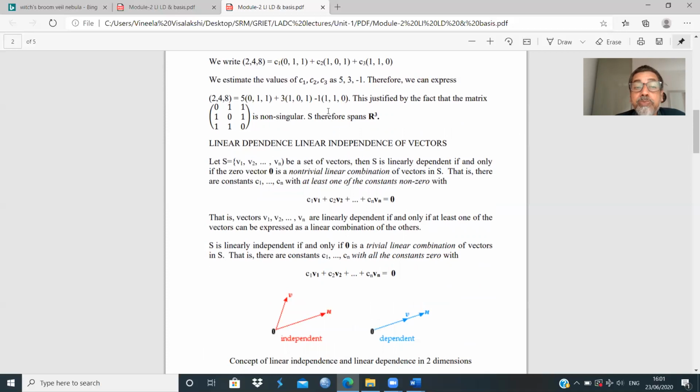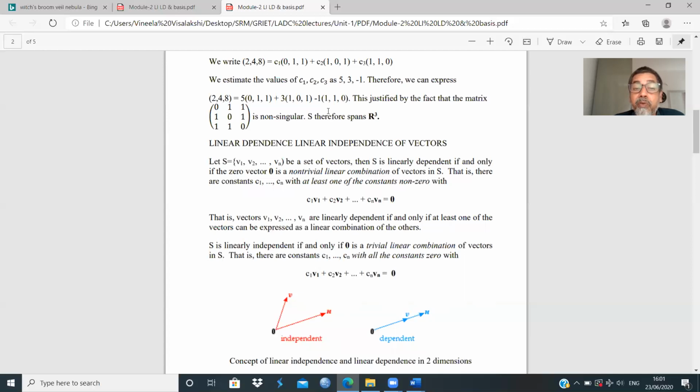After having seen what is span, let us talk about the very important concept of linear dependence and linear independence. Suppose you are given vectors v1, v2, etc. vn in a set S, which is a subset of the vector space V. Set up the homogeneous system c1 v1 plus c2 v2, etc. cn vn equal to 0 and estimate the values of c1, c2, etc. cn.